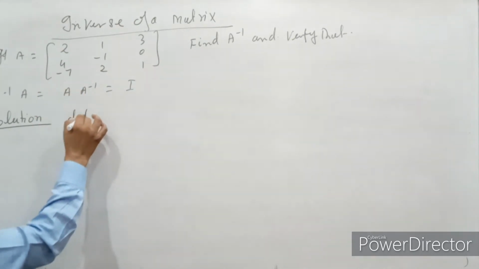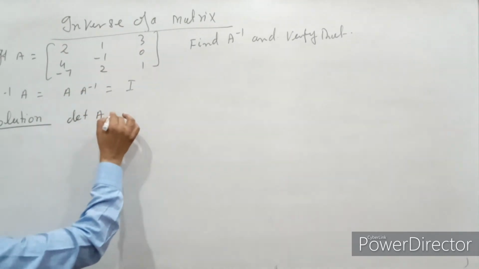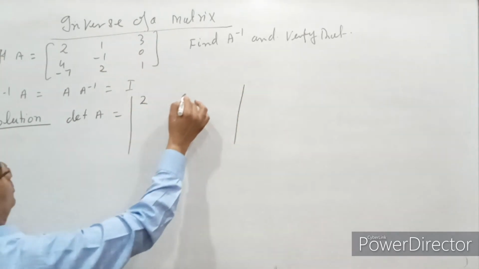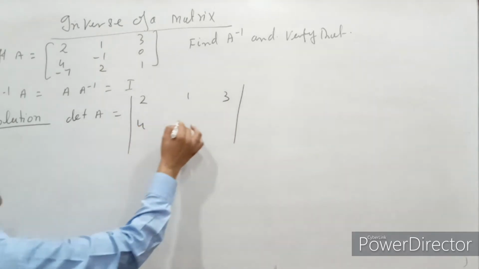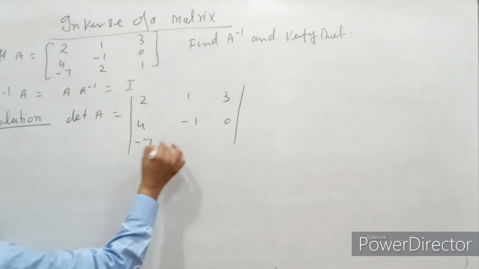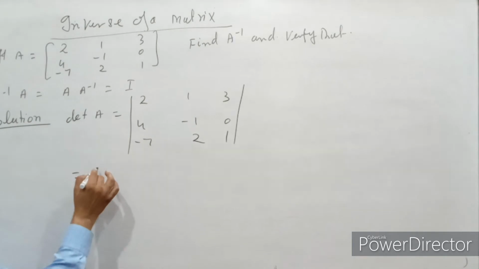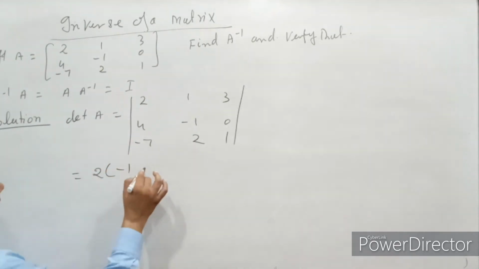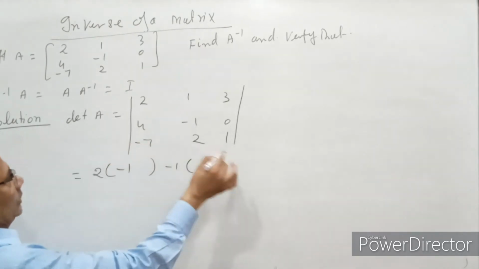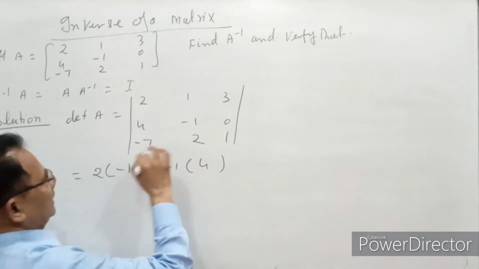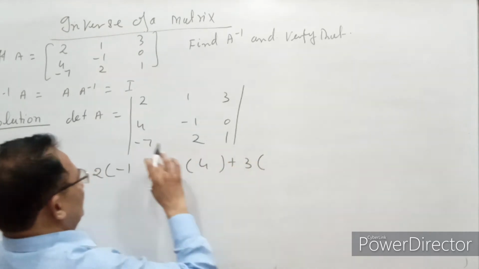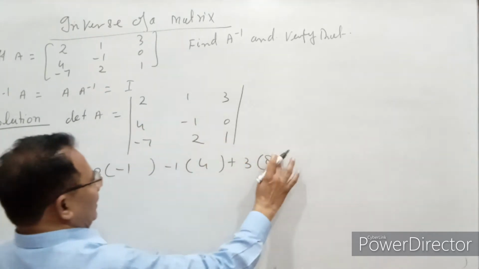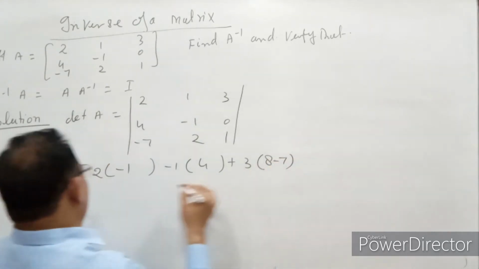So therefore, first of all, we find the value of the determinant of A, 2 1 3, is equal to, expanded along the first row, that is -1 into 4, plus 3 into this 8, और भाई ये आ गया आपका, that is again -7.